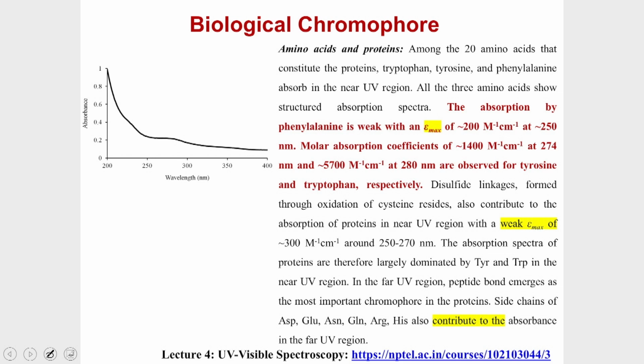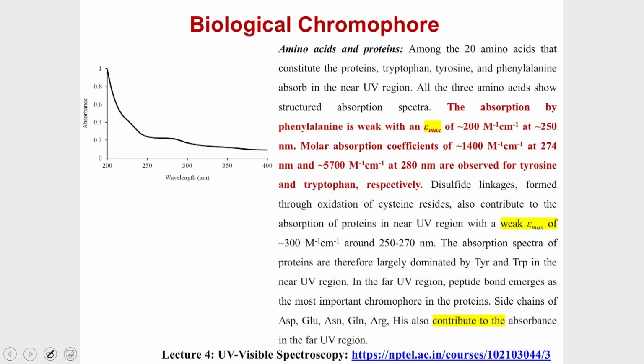The disulfide linkages formed through the oxidation of cysteine residues also contribute to the absorption of protein in the near UV range, with a weak epsilon maximum of 300 around 250 to 270 nanometer. The absorption spectra of protein are therefore largely dominated by tyrosine and tryptophan in the near UV range.